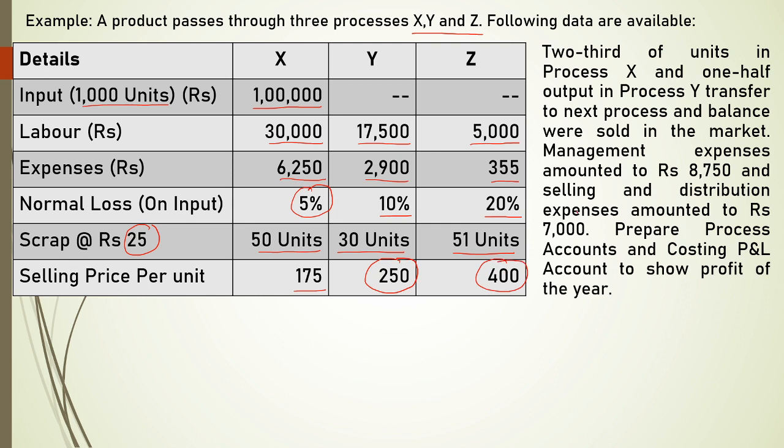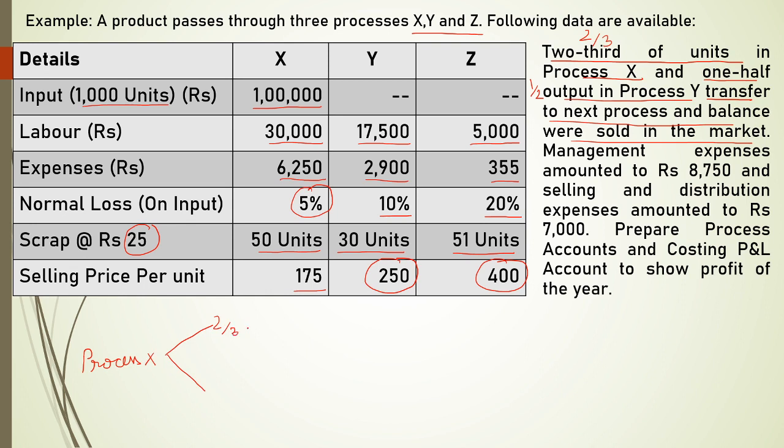The additional information in this example is two-thirds of units of process X and one half units of process Y. It means one half of process Y is transferred to next process and the balance is sold out in the market. It means the output of process X is divided into two parts.